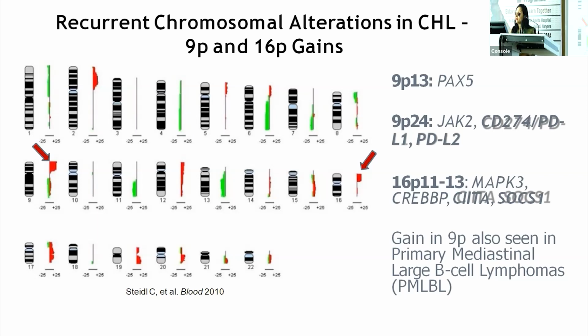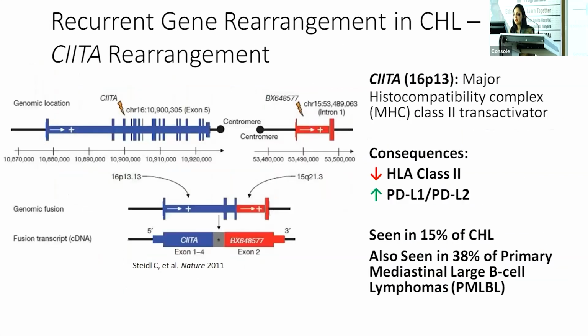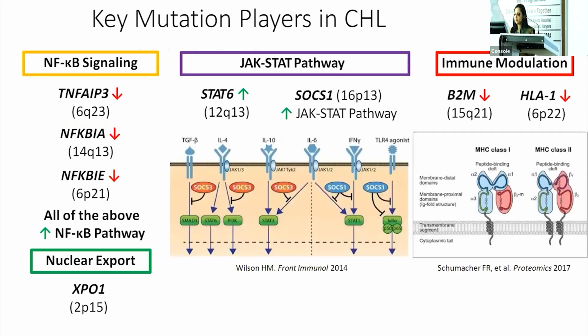Similarly, even primary mediastinal large B cell lymphomas have a similar molecular profile. They also have gains in 9p, like Hodgkin lymphoma, so that's why they are in the differential diagnosis also. There are also some rearrangements, like CIITA rearrangement, which leads to loss of HLA and an increase in PDL1 and PDL2 expression, and these are also seen in primary mediastinal large B cell lymphomas.